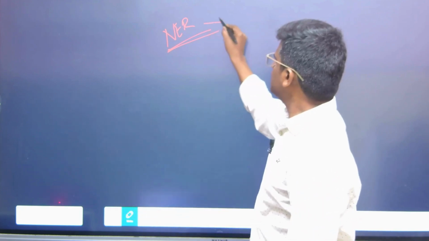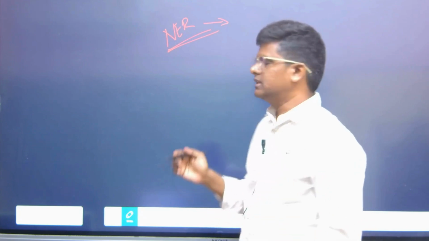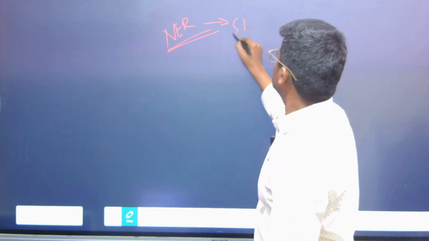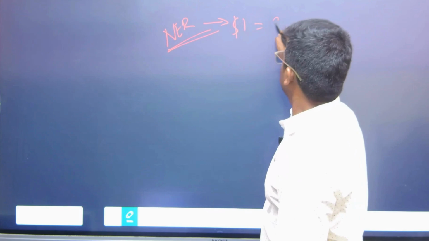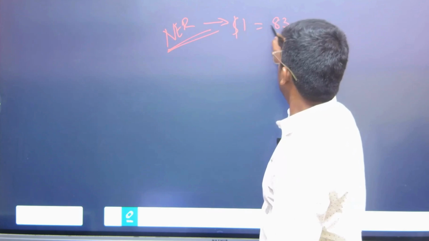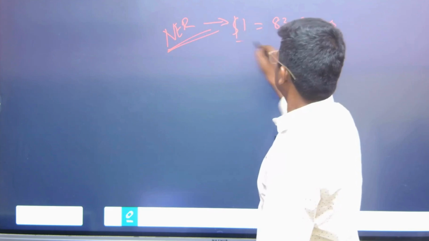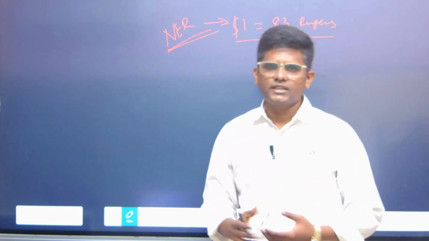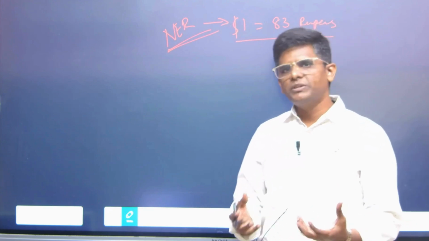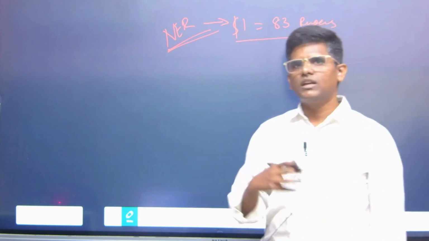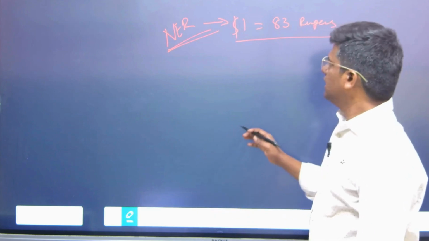So it gives the value of the exchange rate. $1 is equal to, say, currently 83 rupees. This is the nominal exchange rate. You can understand how many rupees are required to buy $1, or how many rupees $1 gives us.